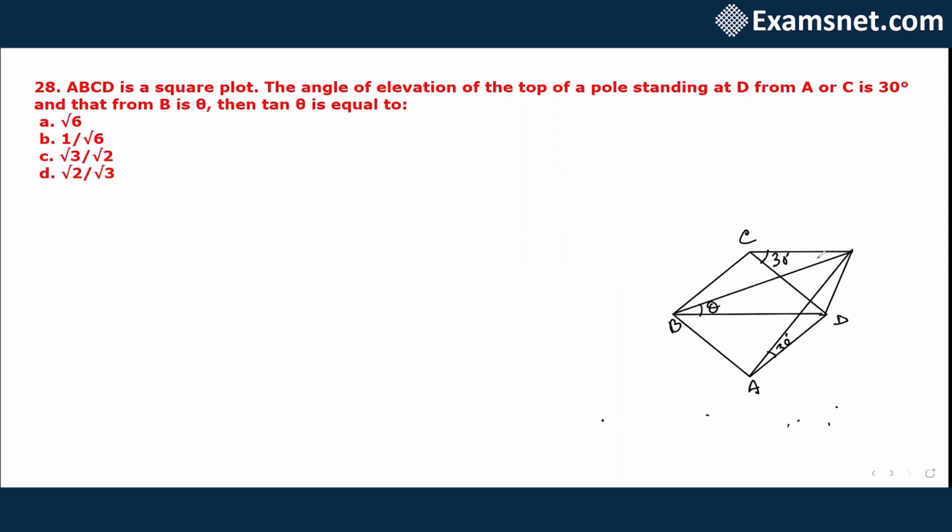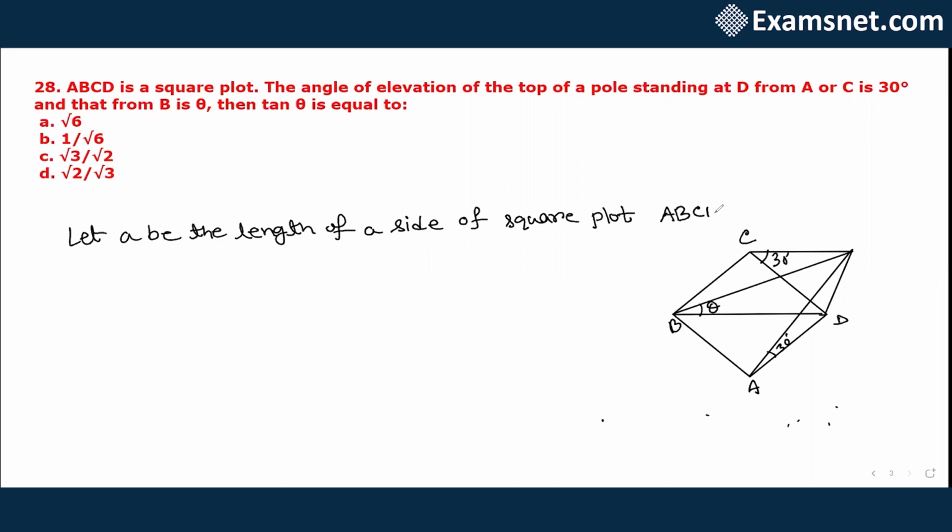Now we can assume that let A be the length of a side of the square plot ABCD, and H be the height of the pole, okay, standing at the point D.